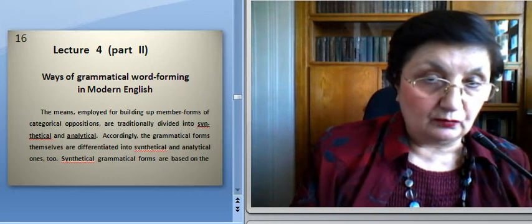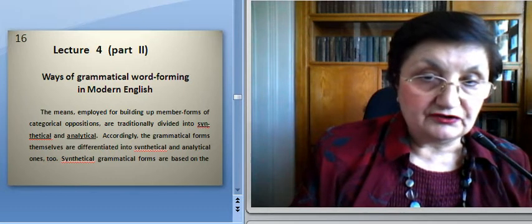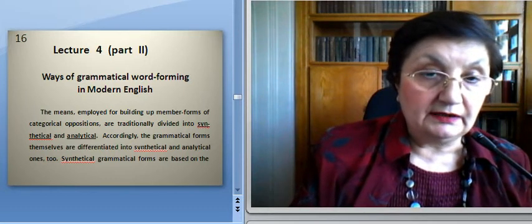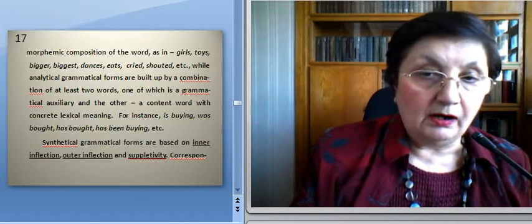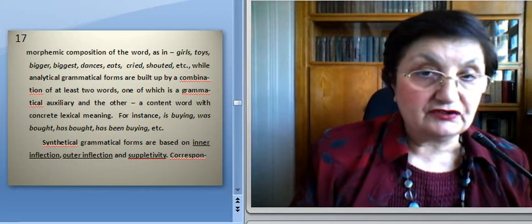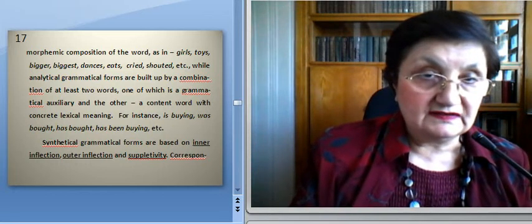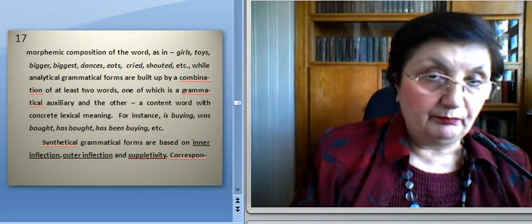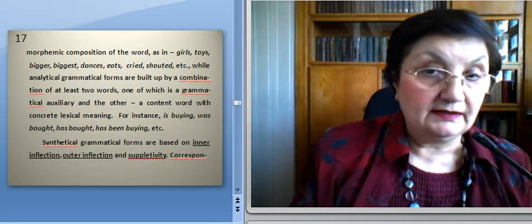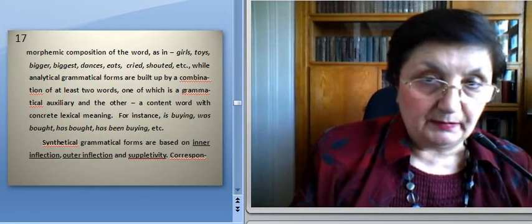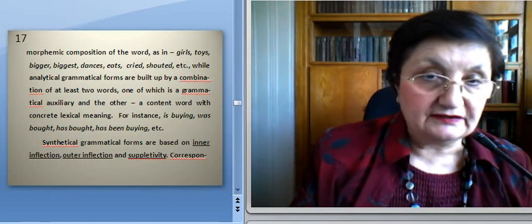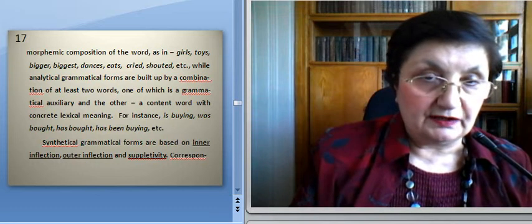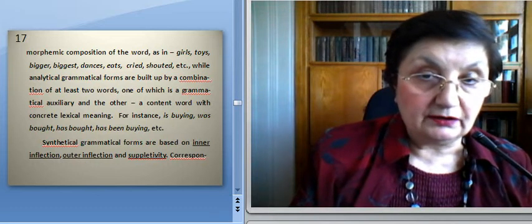Synthetical grammatical forms are based on the morphemic composition of the word, as in girls, toys, bigger, biggest, dances, eats, cried, shouted, etc., while analytical grammatical forms are built up by a combination of at least two words, one of which is a grammatical auxiliary and the other a content word with concrete lexical meaning. For instance, is buying, was bought, has been buying, and so on.